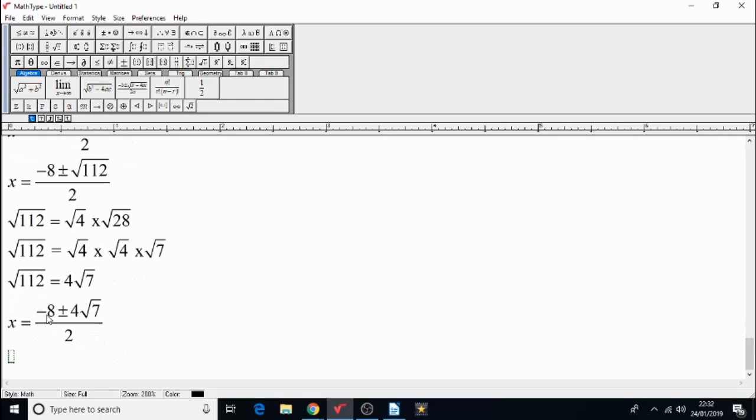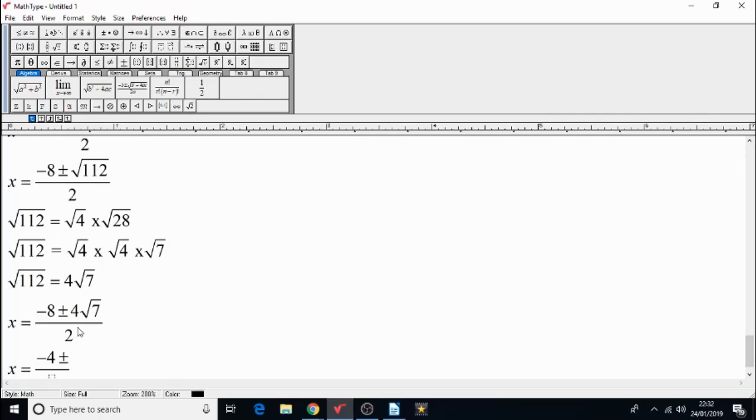So minus 8 divided by 2 would be minus 4, plus or minus 4 root 7 divided by 2.